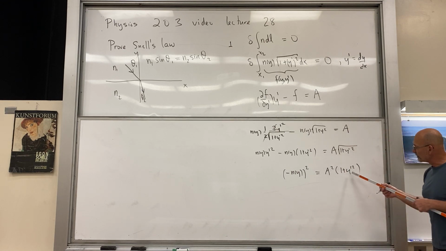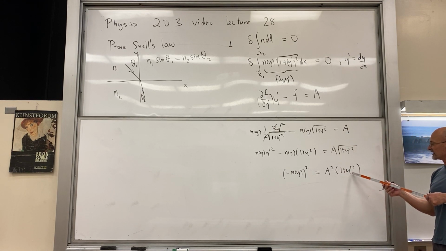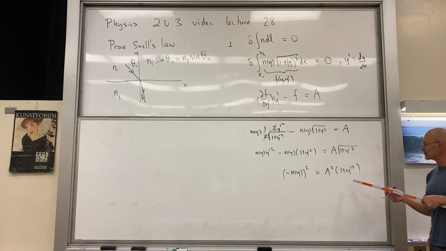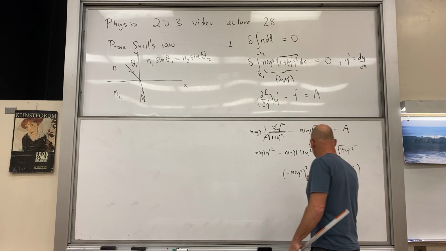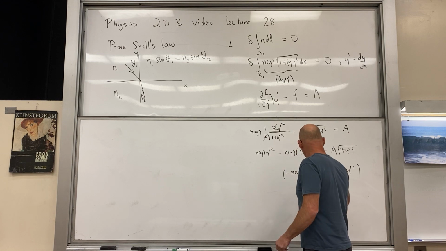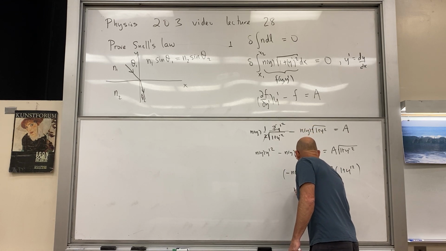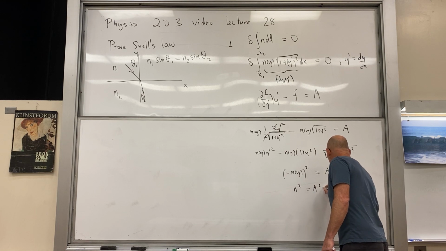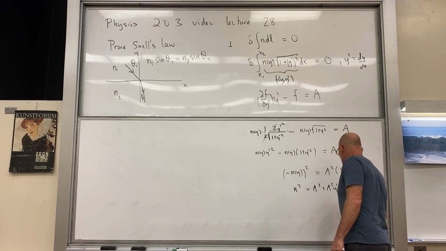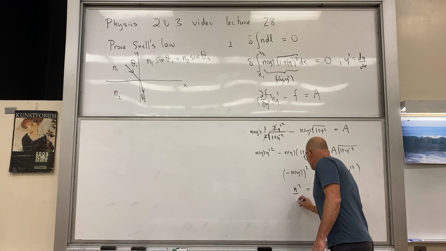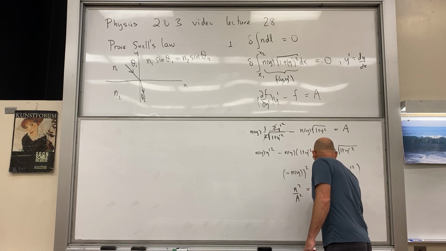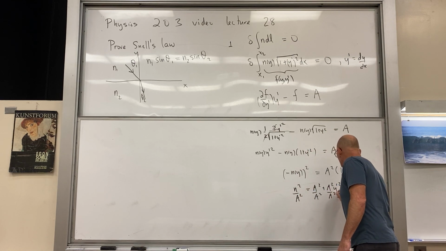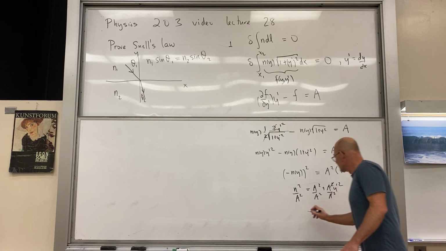So now we're just going to separate and find this y prime squared. We have n squared equals a squared plus a squared y prime squared, so what do we get?